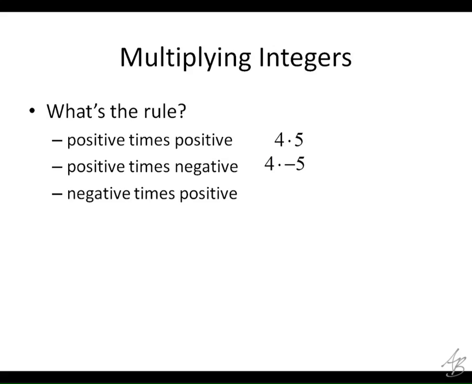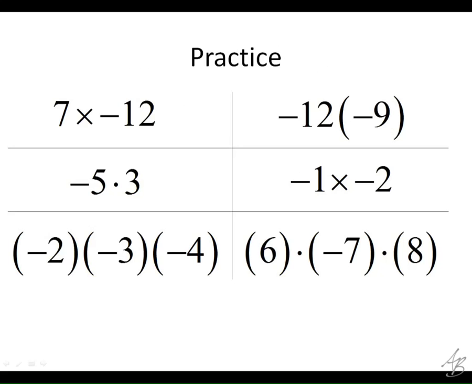A negative times a positive is the same thing as a positive times a negative. So that's going to equal a negative also. We'll go back and talk about these examples in a second. What about a negative times a negative? That's going to be positive. Okay, so we get a positive here, we get a negative here, a negative here, and a negative here.